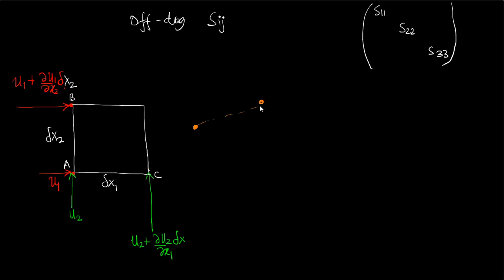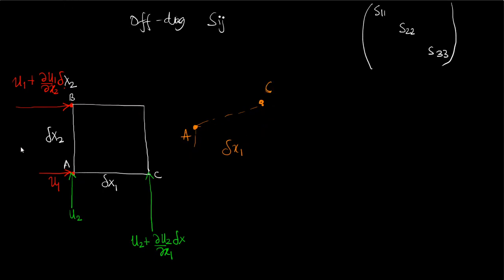So this is going to be delta x1, and this difference arises because C has a higher velocity in the y direction than point A. Now why have I drawn it slightly to the right?